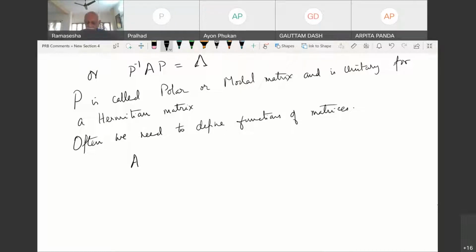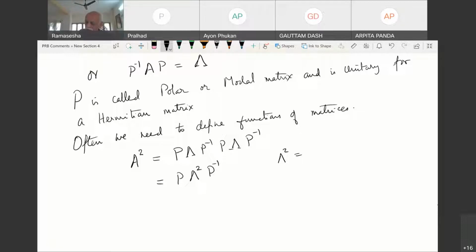A squared I can write as P lambda P inverse times P lambda P inverse. So what do I get? P inverse P is an identity, so I just get P lambda squared P inverse. And what is lambda squared?